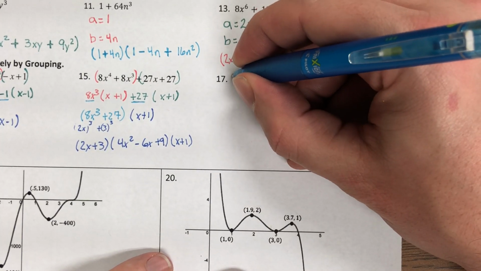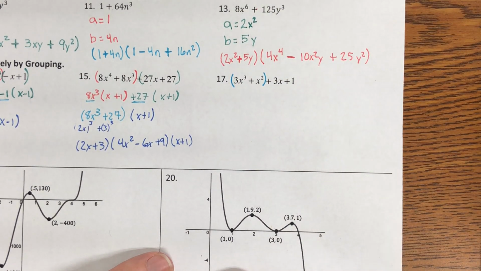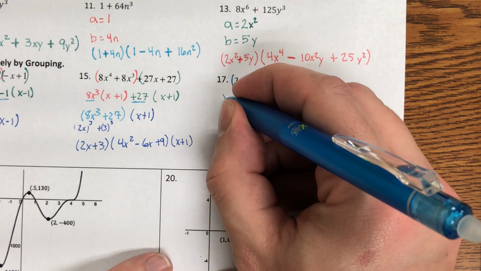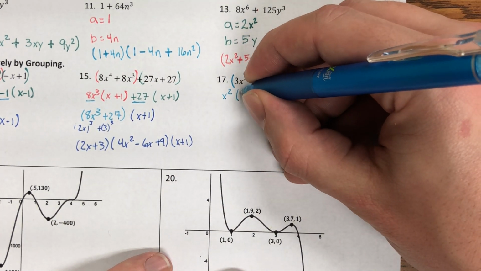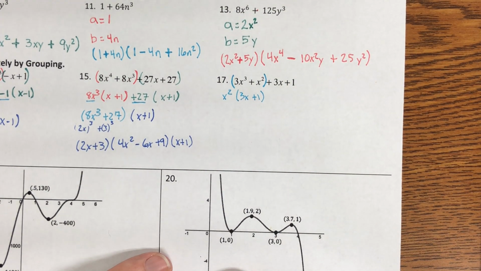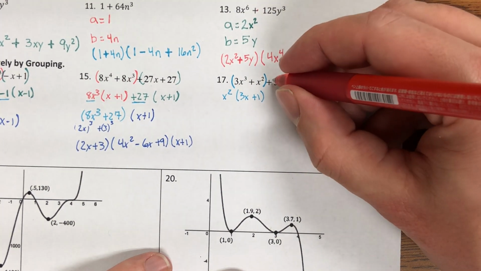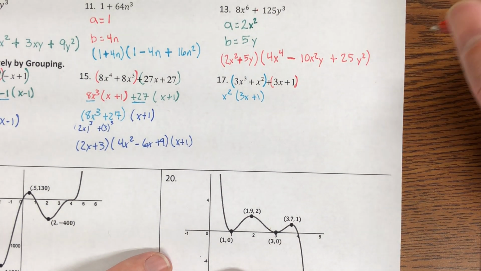17, group these first two together. Both of those have in common an x squared, leaving me with 3x plus 1. Both of these, well, all they have in common is a 1.